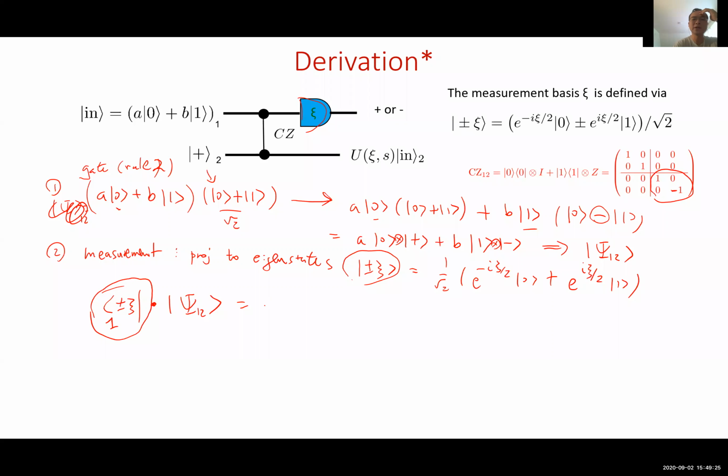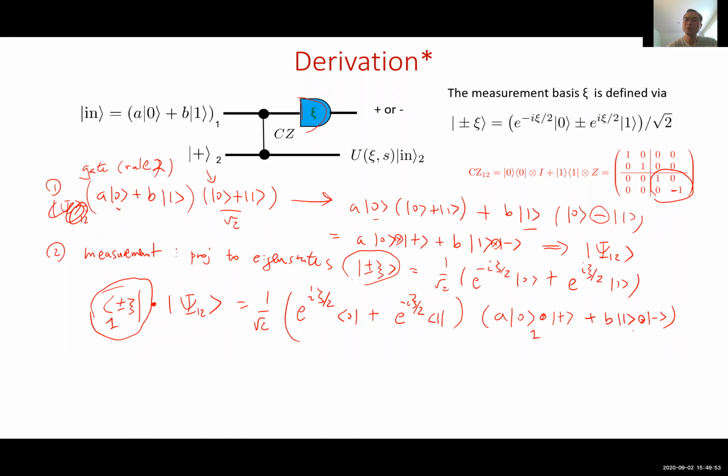Okay, and if I do this, remember that this is a ket and this is a bra. When you flip that, you also need to apply the complex conjugation. Okay, and apply this to A0 plus B1 minus.